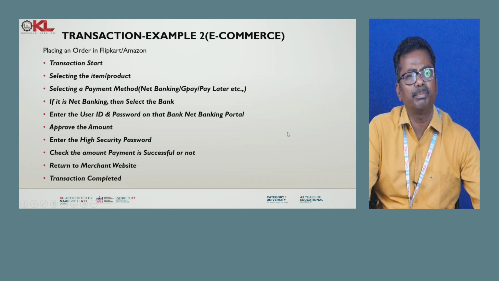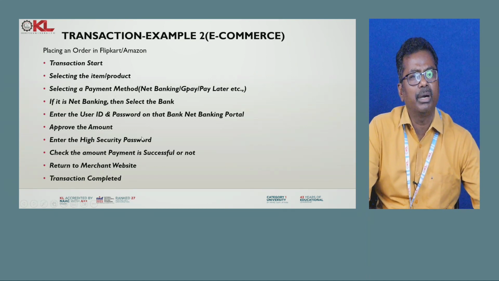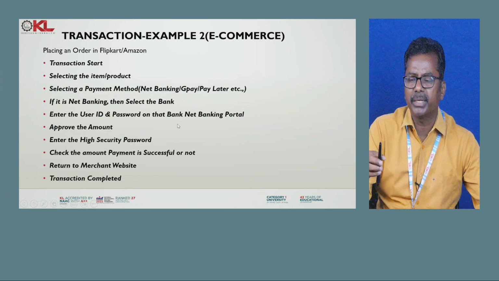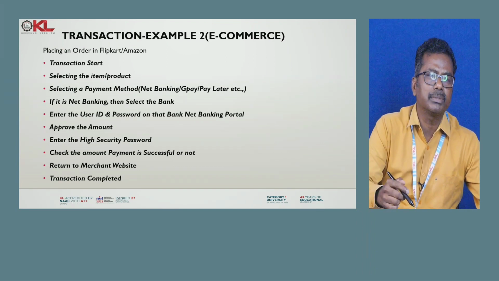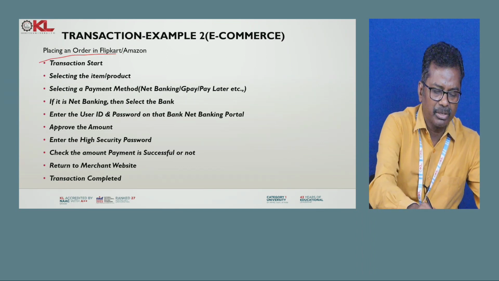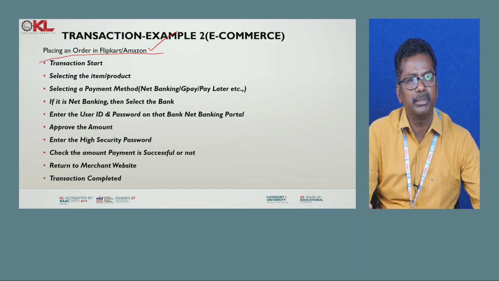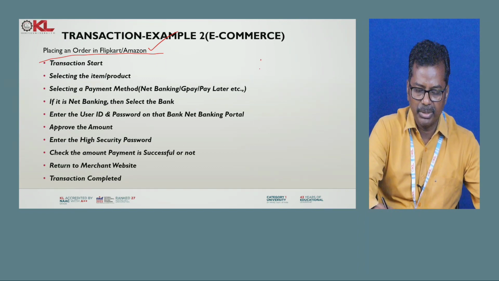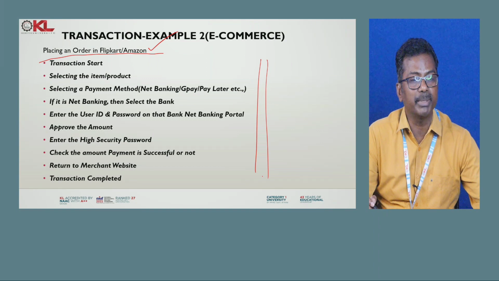So this is another example of e-commerce, how transactions take place. Let us consider the example of placing an order in Flipkart or Amazon. These are the operations that take place.